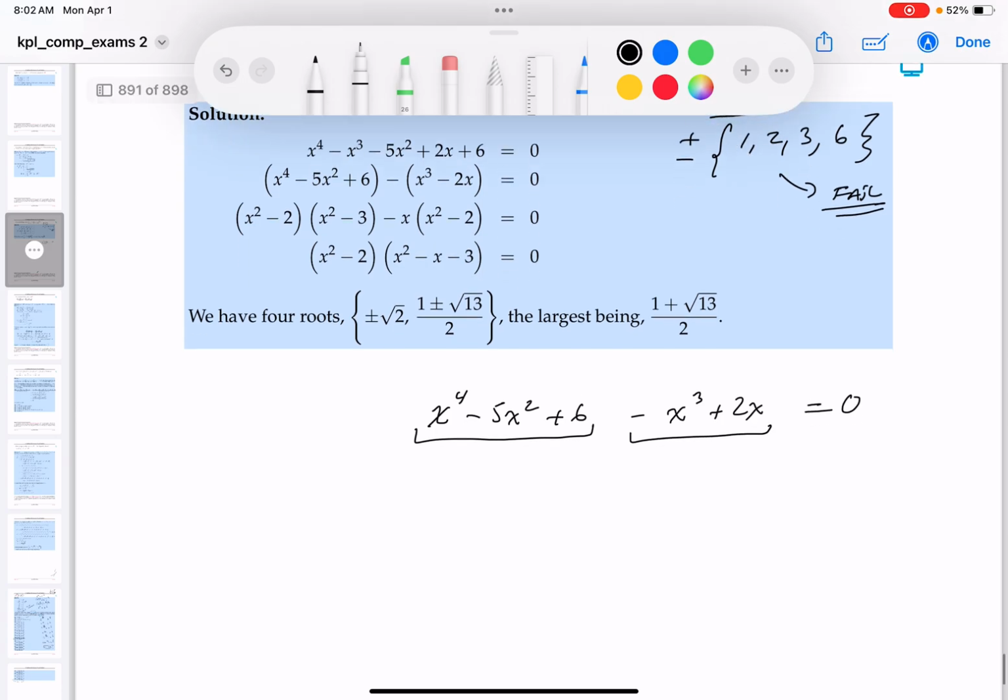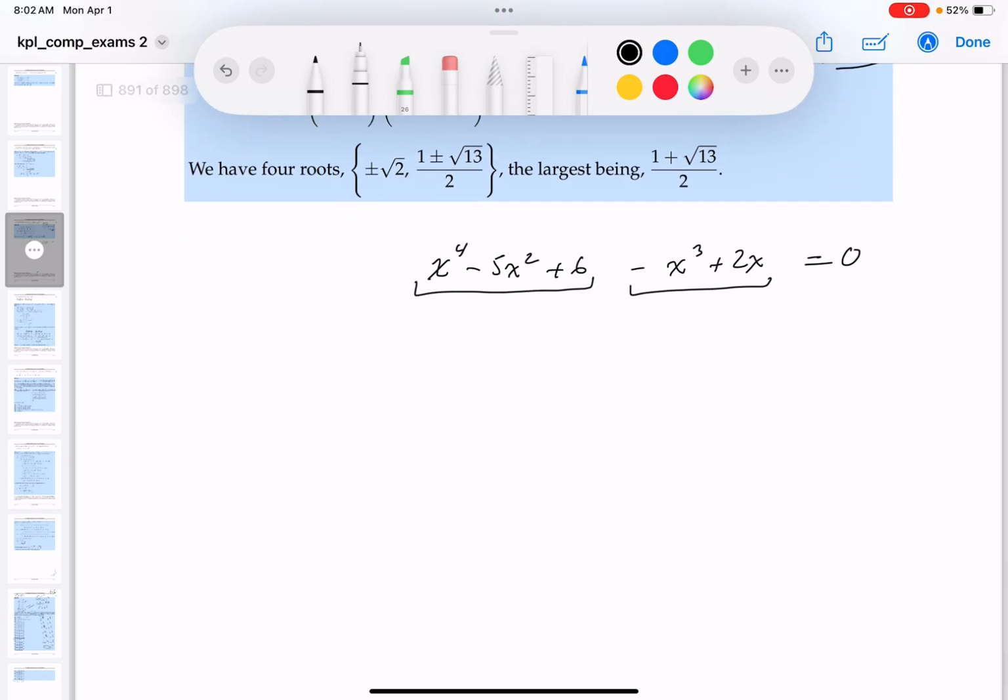And this equals 0. My question is, can I factor that? Well, I can, but do they have a factor in common? I don't know yet. Let's take a look. I'd factor an x out from the second grouping. And that's going to be x squared minus 2.